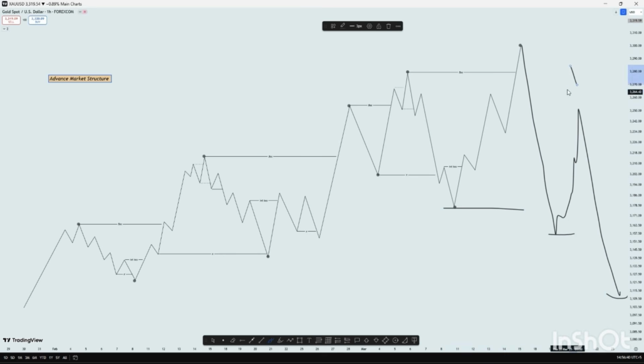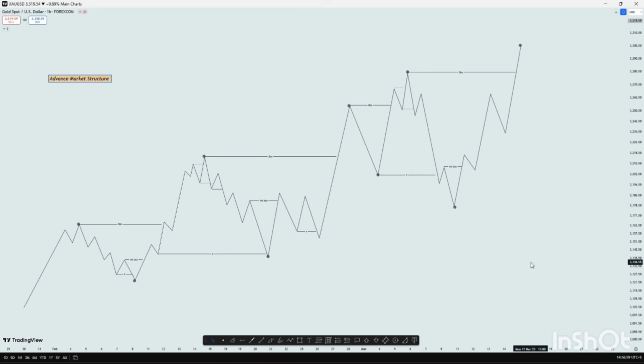After this, normally we can shift our bias from bullish to bearish. And in this case, we will start getting strong highs and weak lows. And then simply the point of interest will be close to strong highs from where we can see the sell position. Okay. So this was just theory of advanced market structure, basic market structure, strong highs, weak highs, strong lows, weak lows.